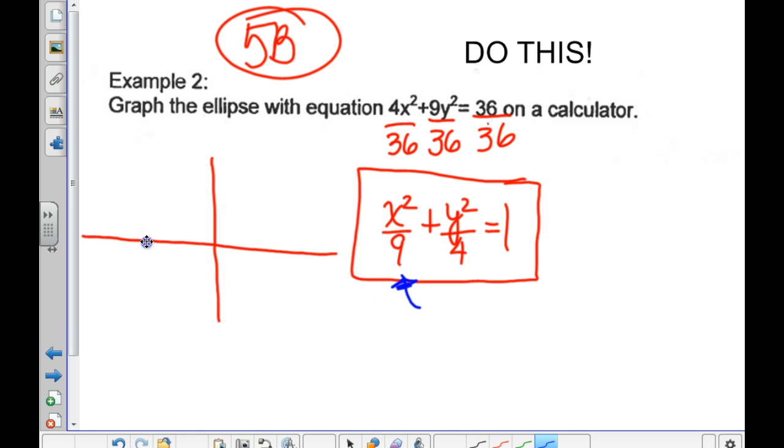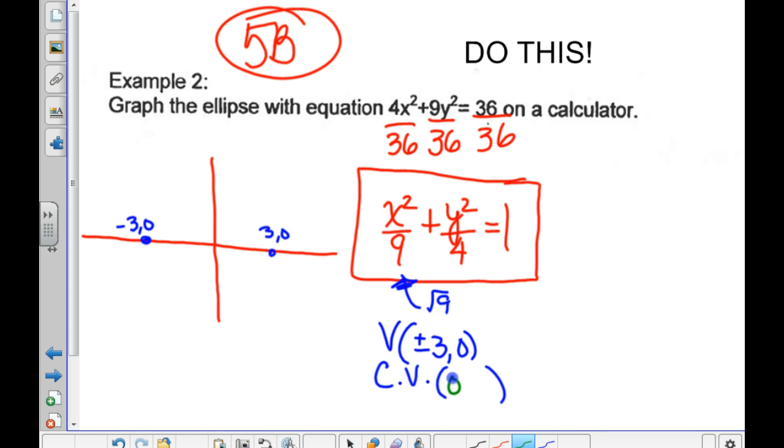It's going to have vertices where? Square root this. Okay? So it's going to be plus or minus 3, 0 because they are on the x. The co-vertices, as our book calls them, would be up and down 2. Very good. You even got the 0 first and then the plus or minus 2.